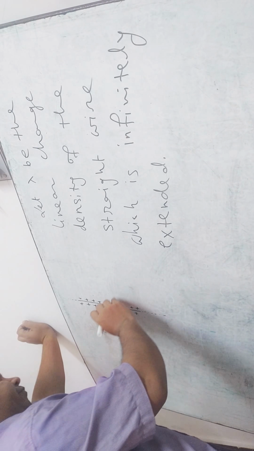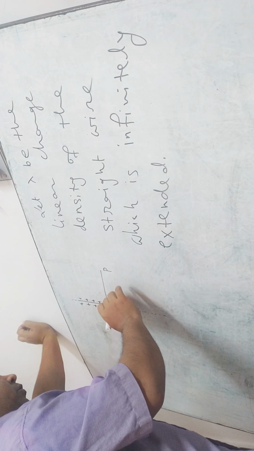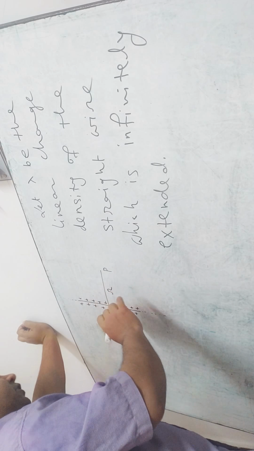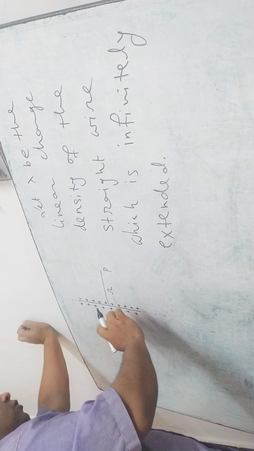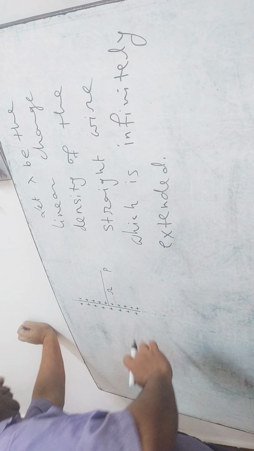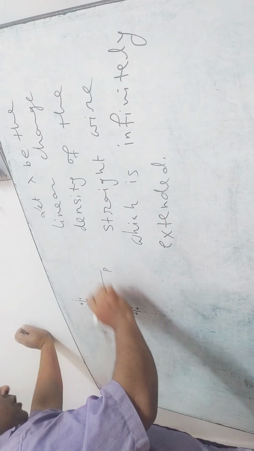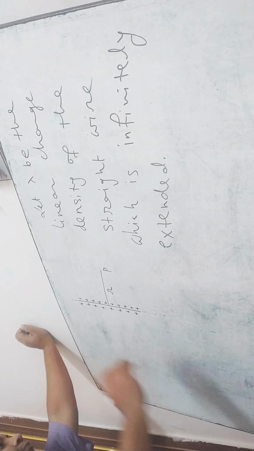Now we have to find out the electric field intensity at a point P. The distance between the wire and the point P is R. That is, it is a normal distance.